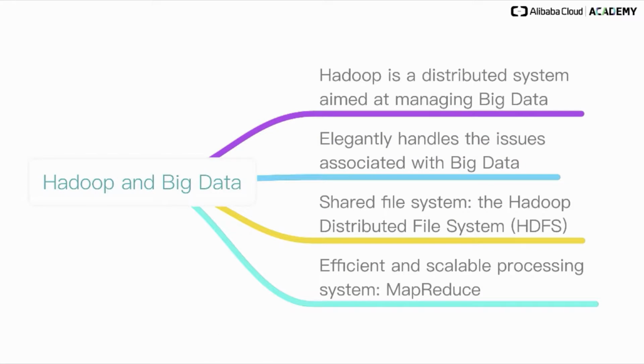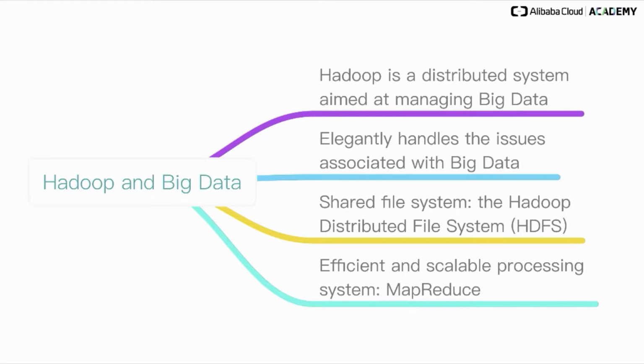Now to specifically bridge the two thoughts, we have big data and Hadoop. Hadoop is a distributed system aimed at managing big data and handling the issues associated with big data. Let's show how Hadoop handles big data. There are two systems used to handle big data. First is the shared file system, the Hadoop Distributed File System, HDFS.